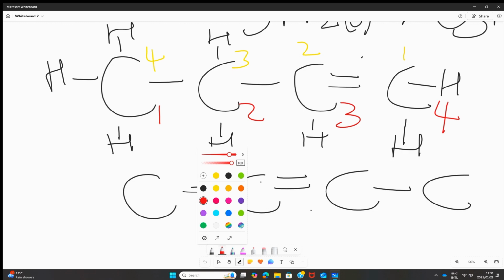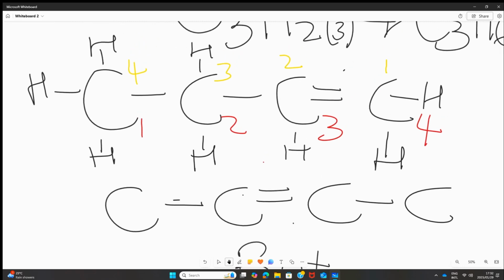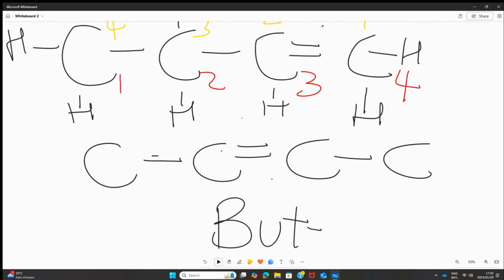So to name that, because we have 4 carbon atoms, the prefix will be but. Then the double bond is between carbon 1 and 2. So this will be but, dash. We always put a dash, a hyphen, between a letter and a number.